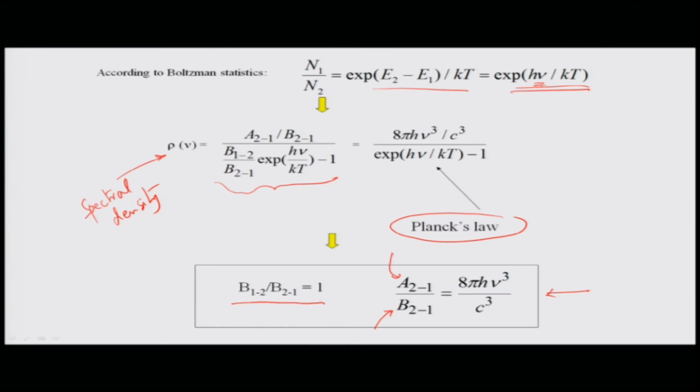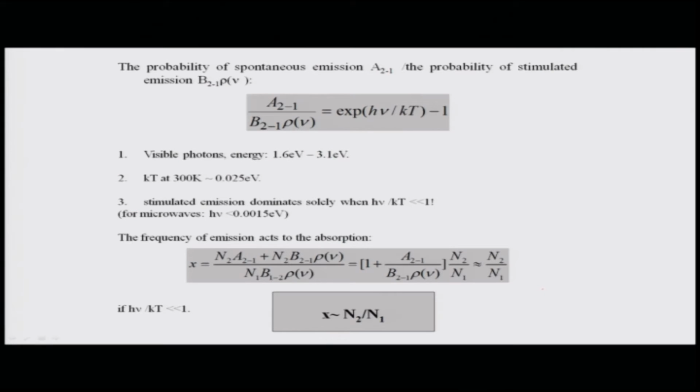So, under the condition that both are equally probable, the absorption and the stimulated emission, which is what is generally the condition for any available photon, we can arrive at this important relation between spontaneous and stimulated emission, and that is with the help of Planck's law, and we can get this ratio. So, this is another way of looking at it. The probability of spontaneous emission to the probability of stimulated emission, therefore, is once again given by this expression.